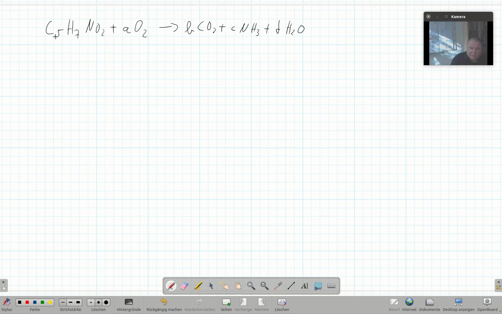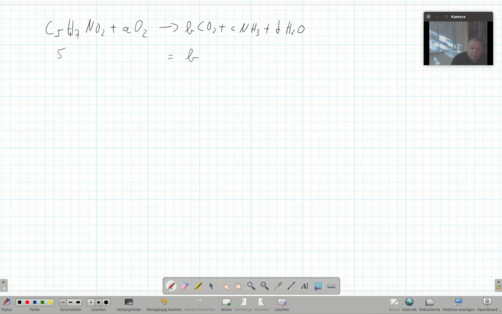The number of C on both sides of the equation has to be the same. Therefore we have 5 C has to be the same as B C, so we know B is 5.